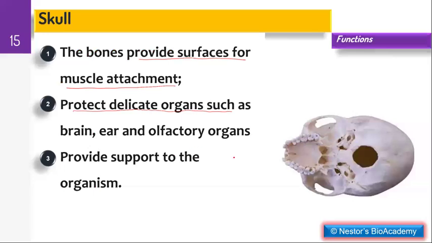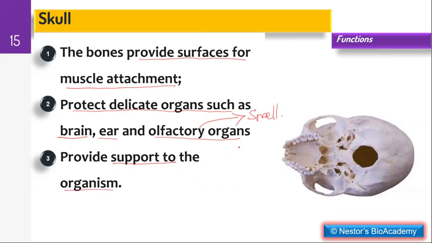The main delicate organs we find being housed and protected by the cranium are the brain, the ear, and of course, the olfactory organs. These ones are the organs specialized for the sense of smell. Then at the same time, these bones are important because they provide support to the organism.